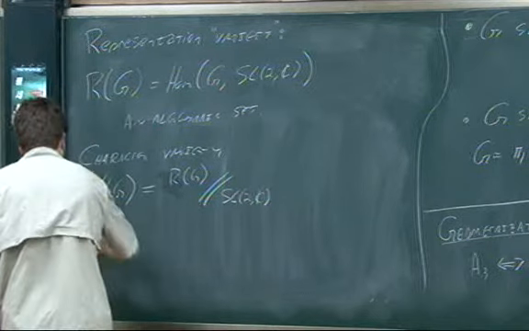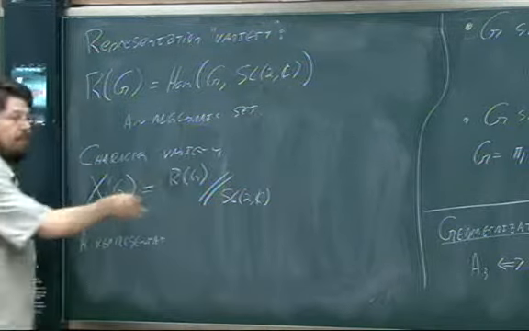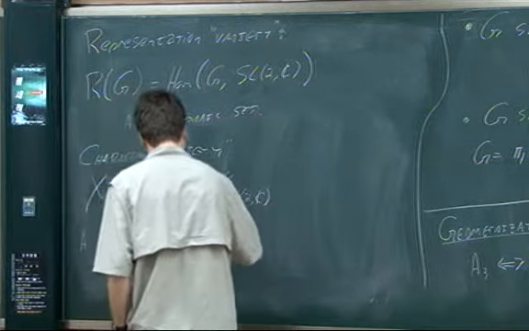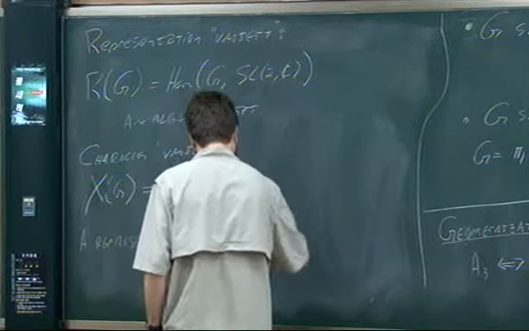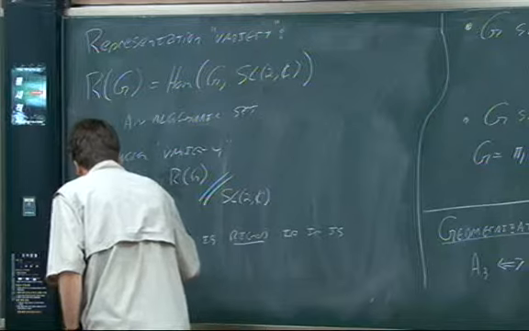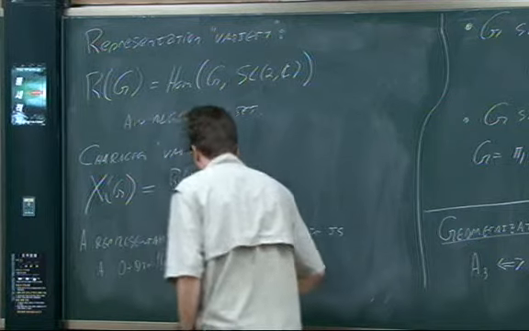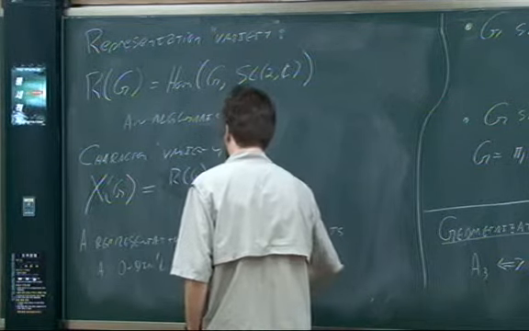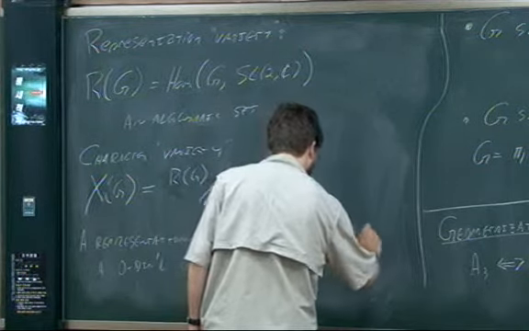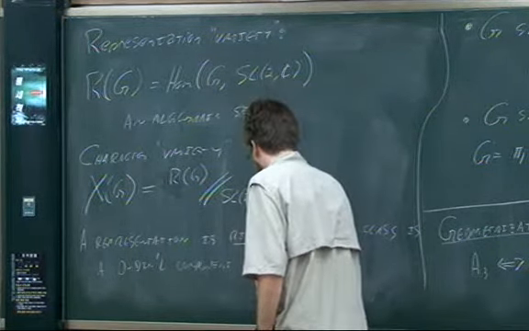And again, it's not really a variety, it's just some algebraic set. We'll say that a representation is rigid if its equivalence class is a zero-dimensional component of this character variety.